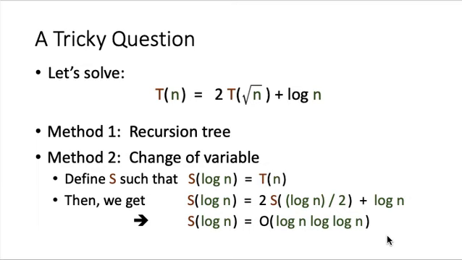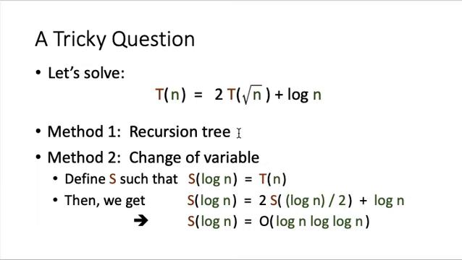Now finally, before we conclude this lecture, let us solve this tricky recurrence. This time T of n is equal to 2 copies of T of square root of n plus log n. Now forget about what we are going to see in the following. You can cover it and see if you can solve this. The easiest way to solve this is to use a recursion tree.